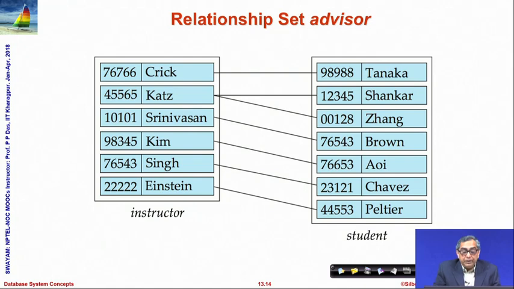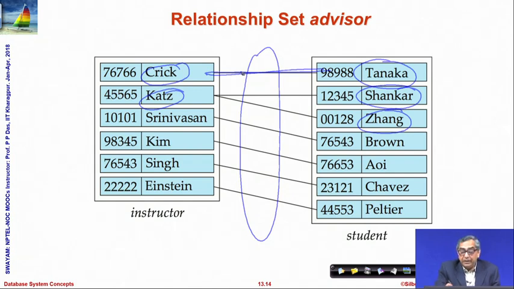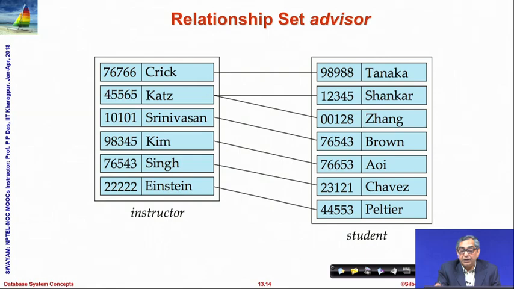Here we show the relationship advisor by these arrows, these lines. This connection shows that this student is advised by this instructor. So, Crick advises Tanaka, whereas Shankar and Zhang both are advised by Katz. So, this group of associations between instructor and student gives me the relationship advisor as to who advises whom.